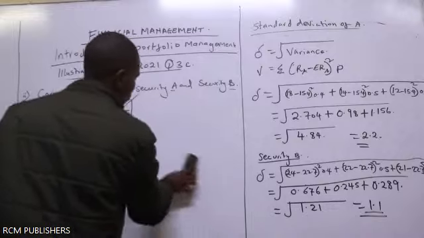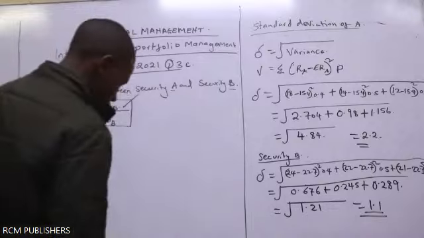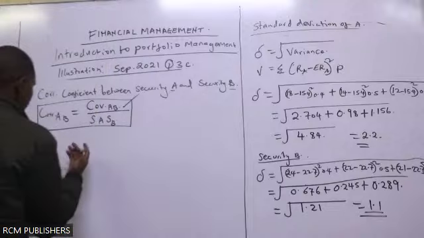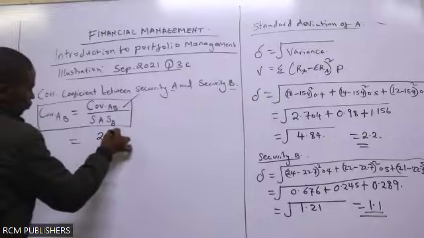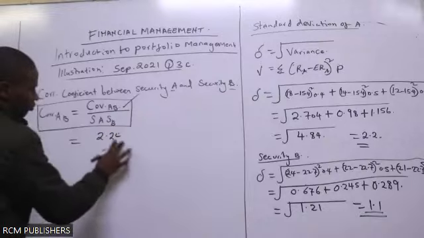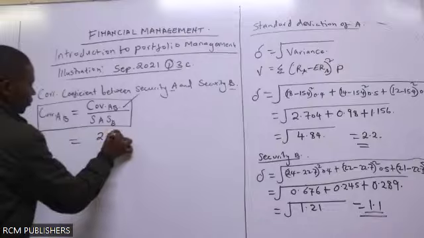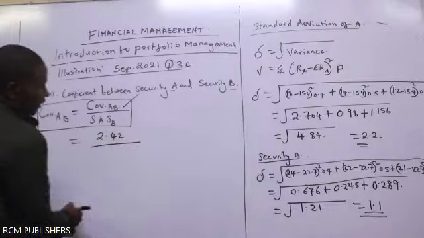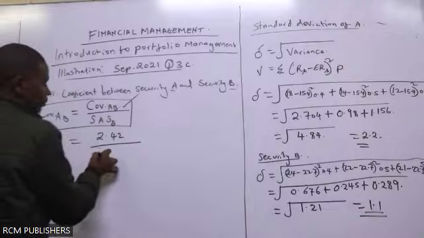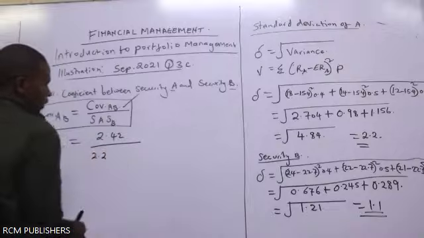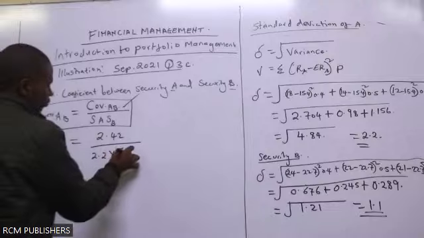So what will be my correlation of AB? Correlation of AB is equal to the covariance, which I got as 2.42, divided by the standard deviation of A, which is 2.2, multiplied by 1.1.